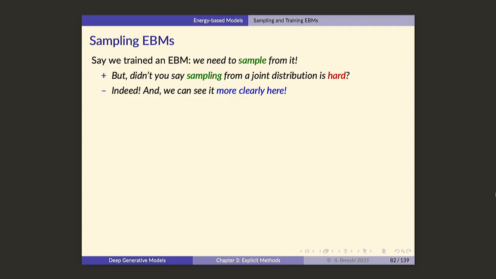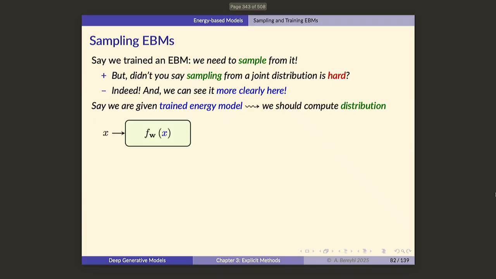So let's look at it together. Say I have trained the energy model, so that f function has been trained. I just used maximum likelihood on one very big data set. Now, if I want to sample, let's look at how the sampling process is going to look. I'm going to start with the energy model. I have this guy trained.